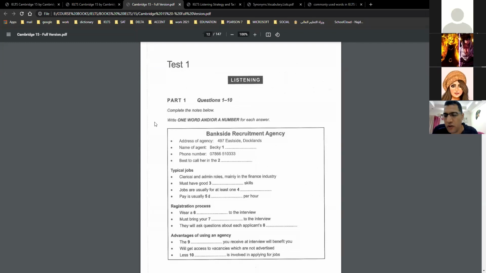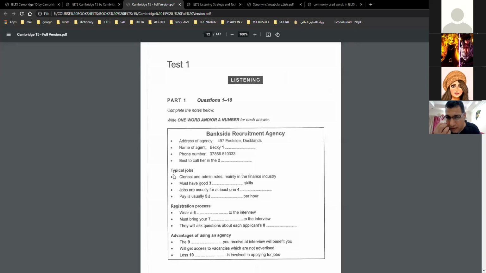Guys, this is very important to understand. Write one word and/or a number. What does it mean? It means you have 3 options. Number 1, you can write one word only, or you can write a number, or you can write a word and a number. So we have 3 options here.